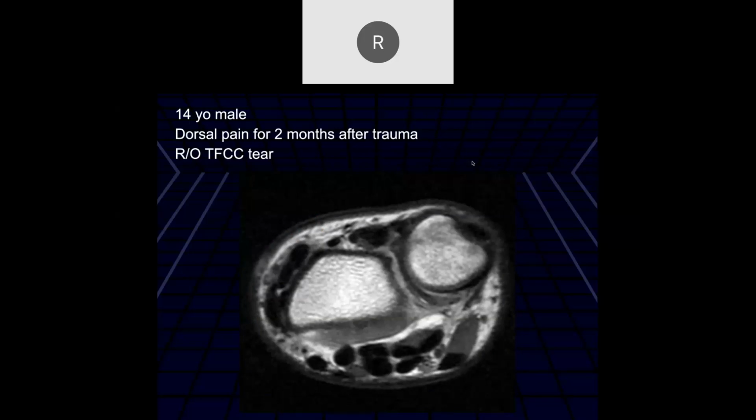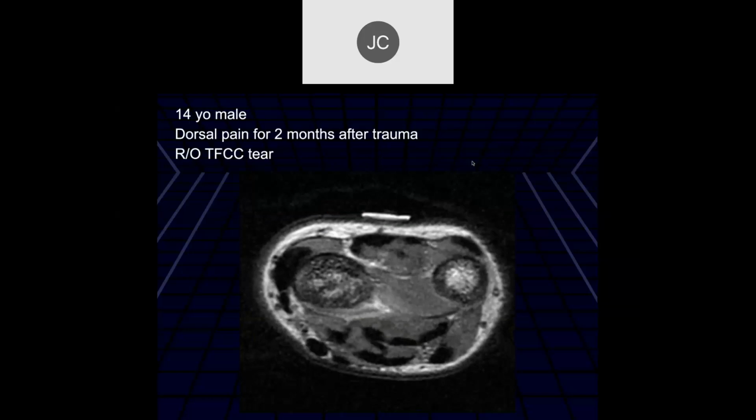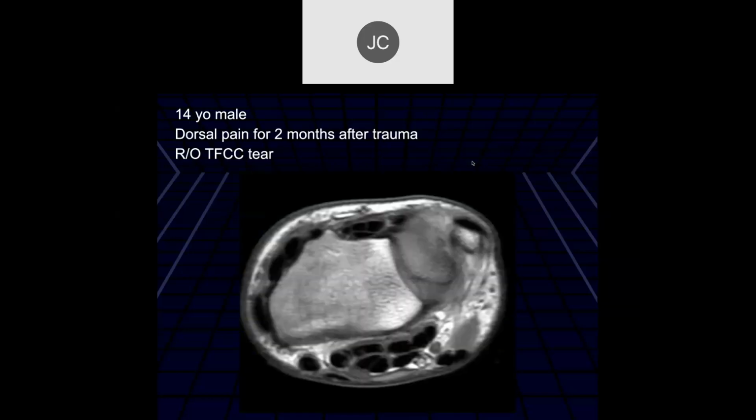So why does this patient have dorsal pain? I mean, he could have an intersection syndrome, but I don't see a whole lot of surrounding edema or fluid. Right. Yeah. This patient had trauma. If we go back to the level of Lister's tubercle, what you actually see is that these are the first extensor tendons, second extensor tendons, the extensor pollicis longus or third extensor tendon, but the third extensor compartment is over here.